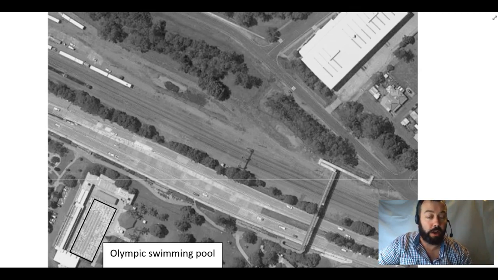They're well defined and relatively easy to measure, and we know that they're 50 metres long. That gives us a reference point on our image, and from that we can work out the scale, and once we know the scale, we can work out the size of other objects in our image.